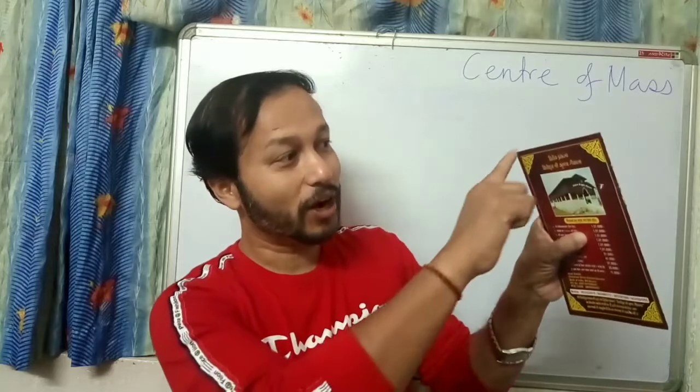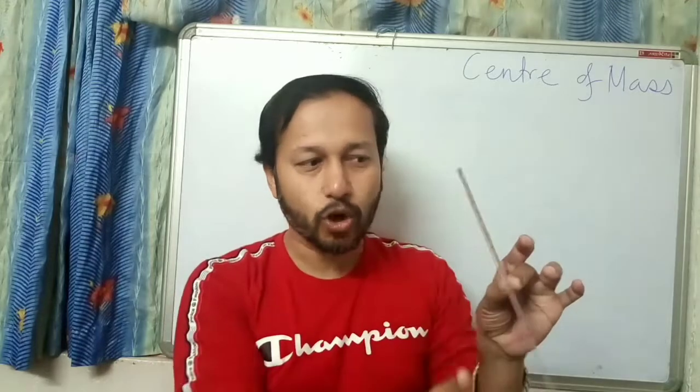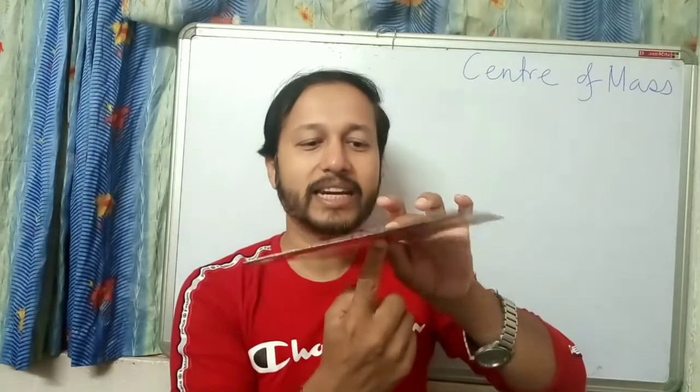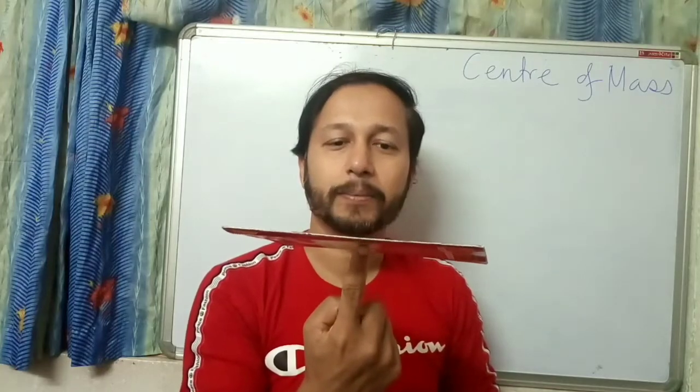Because the whole mass of this card is accumulated here. We can say that the whole mass of this object is centralized here. That's why I can easily balance the card by placing my finger here.